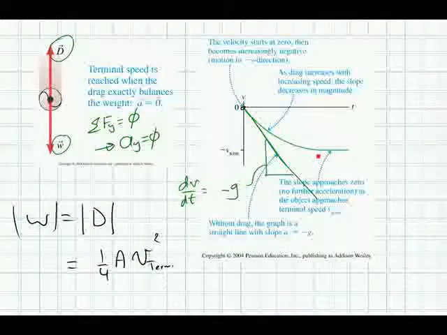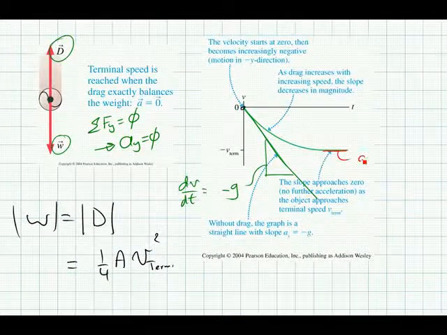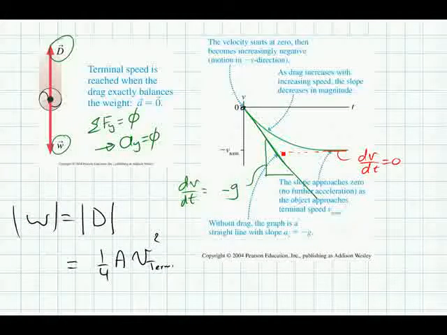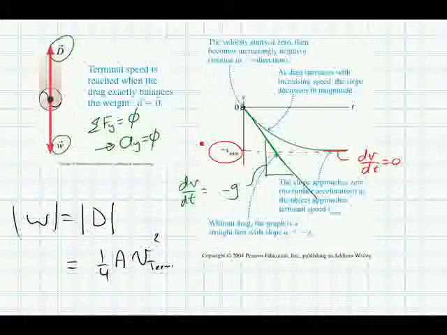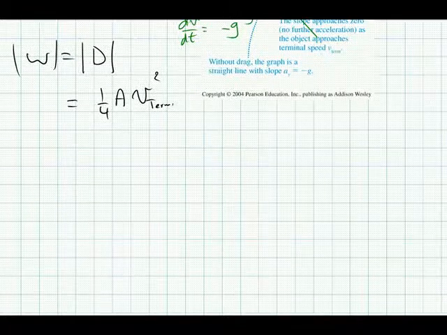That means that there will reach a time when the slope of the line, this is our dv dt, will equal 0, and that value is called the terminal velocity for the object. So just a quick recap.